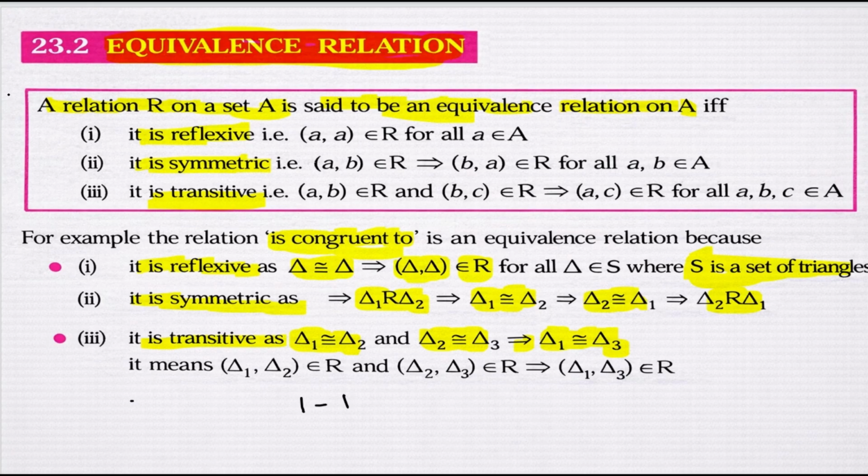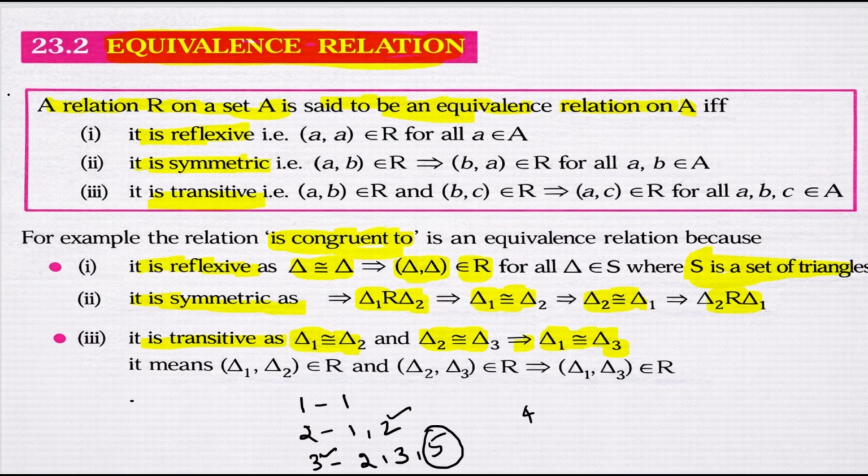If it contains two elements, we can make two equivalence relations. If the set contains three elements, start with 2: 1 plus 2 is 3, then 2 plus 3 is 5. So we can make 5 equivalence relations on 3 elements.